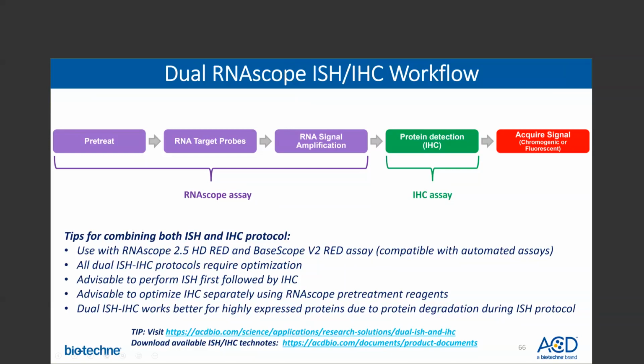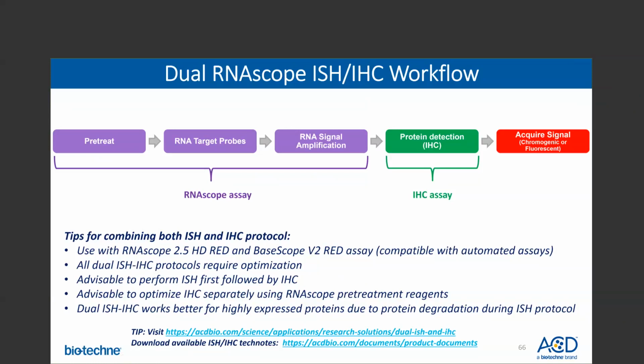We also recommend that you optimize ISH separately before combining it with the IHC assay. And finally, when you're choosing your protein target for immunostaining, we would recommend using a highly expressed protein to offset protein degradation during the ISH protocol, and preferably using antibodies that are validated.